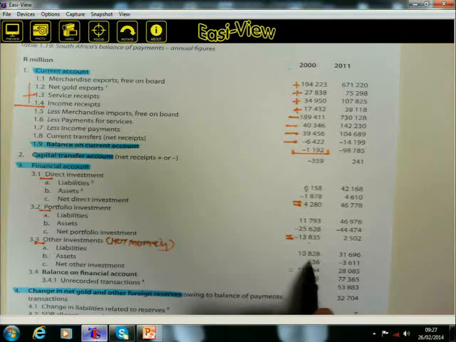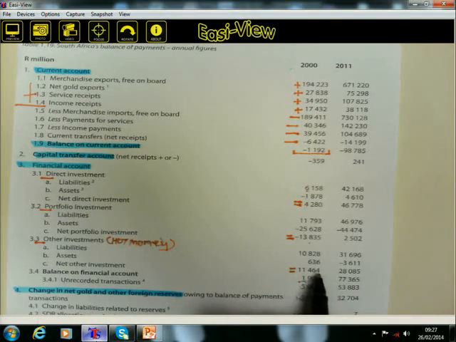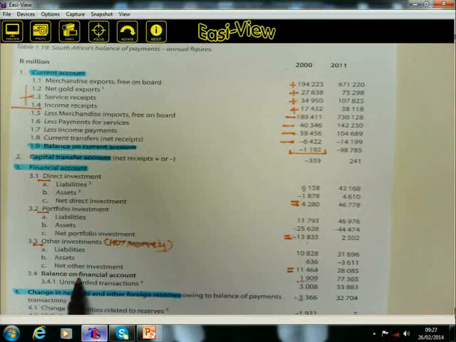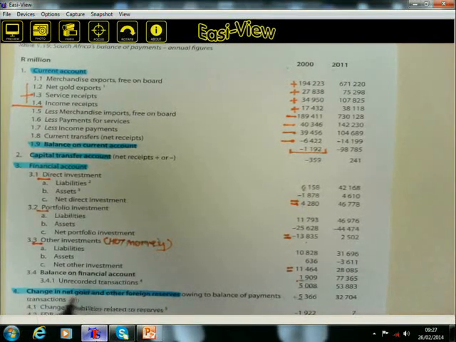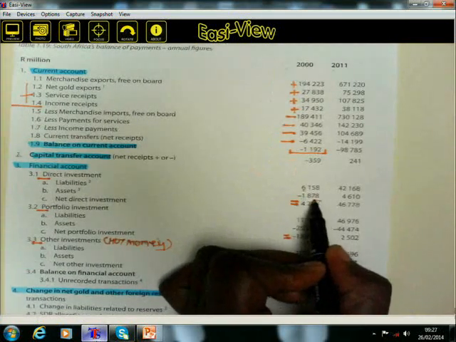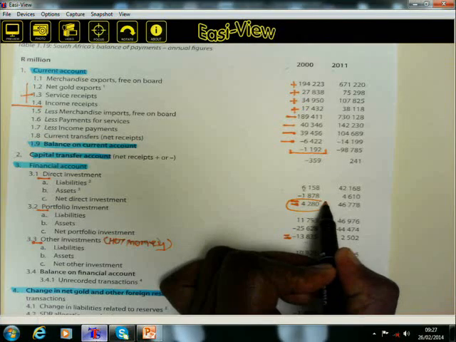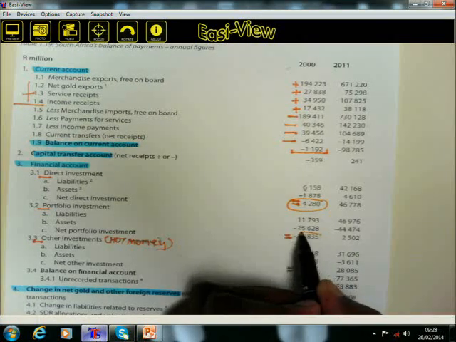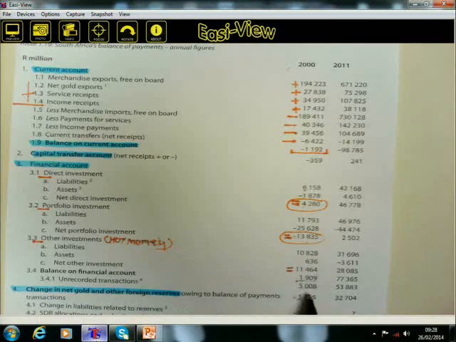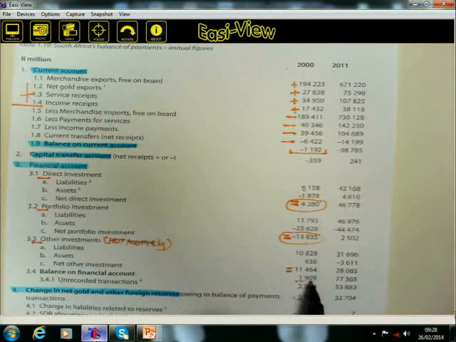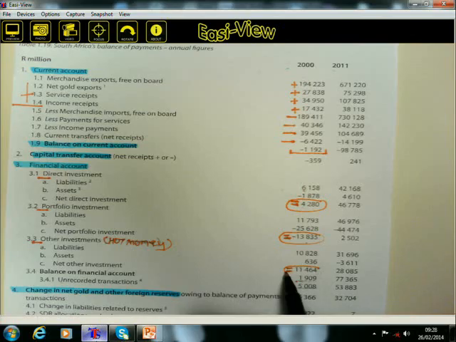We add 1, 2, 3, and then the answer that we will get here will be 11,468. To get a balance on financial account, we add this amount, we add the second one, we minus this one, and then we add this one.